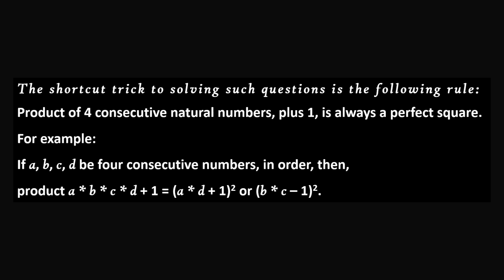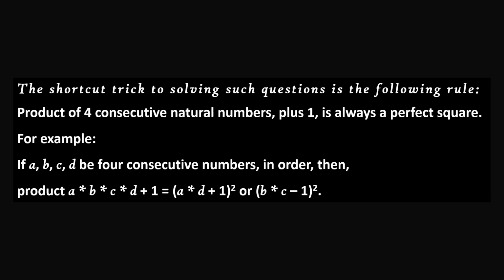You can take 4, 5, 6, 7, or 15, 16, 17, 18, or 100, 101, 102, 103, any four consecutive numbers. If you multiply and then add 1 to the product, it will always be a perfect square. And you can easily find the square root without multiplying all the four numbers.